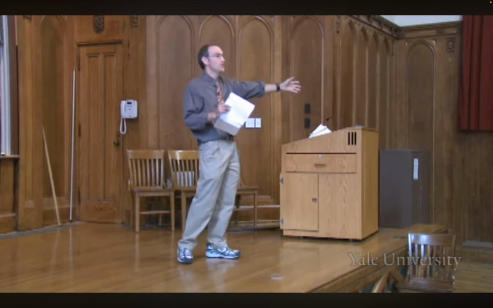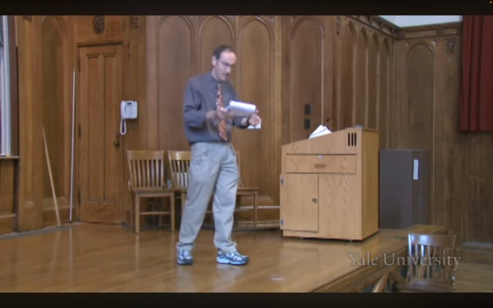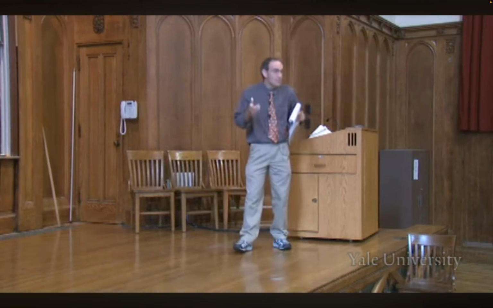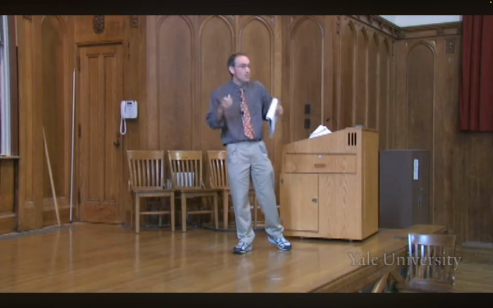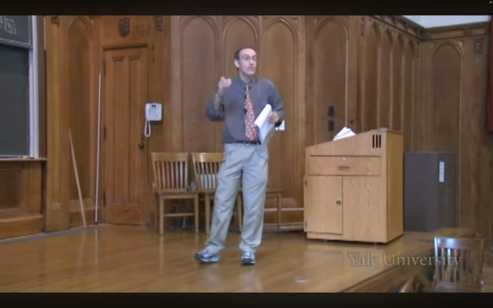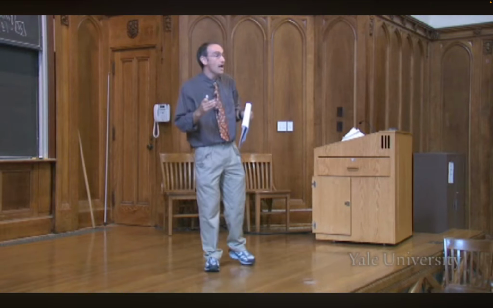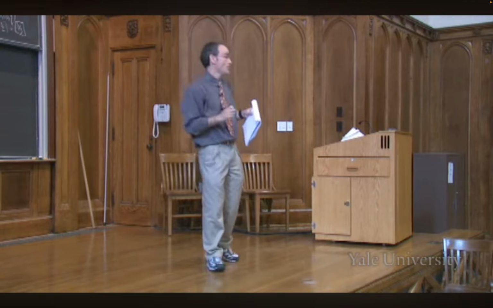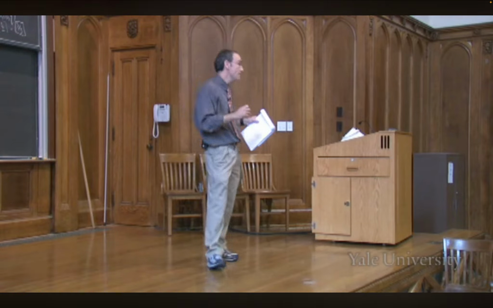It would have been better if I'd used the Mets, but I feel I should take pity on Mets fans this week and not mention them. So this is a very simple idea. It's deceptively simple. It says weighted averages lie between the highest thing over which you're averaging and the lowest thing over which you're averaging. Everyone okay with that idea?